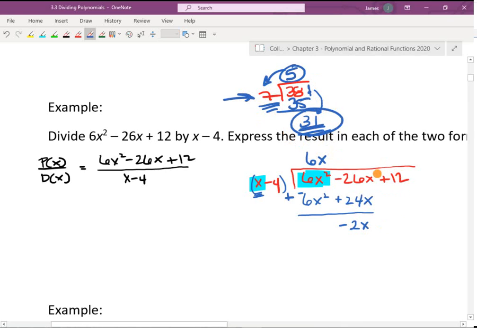So right now, this plus 12 needs to be dropped down because that's analogous to that 1 right there. So I bring that 12 down. And now the question is, can I keep doing the division? And the answer is yes, because there is still a whole number value that you can multiply x by to get negative 2x.